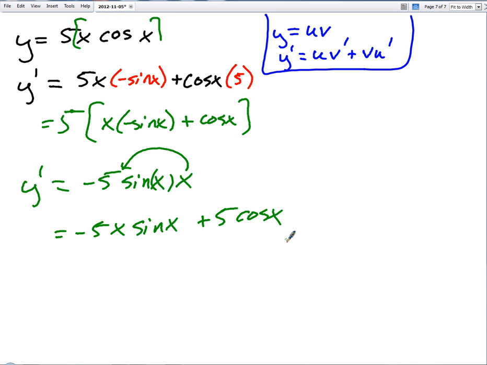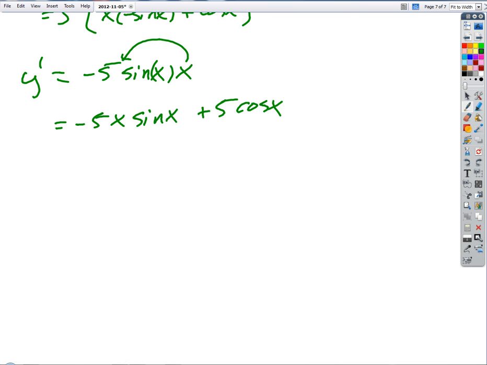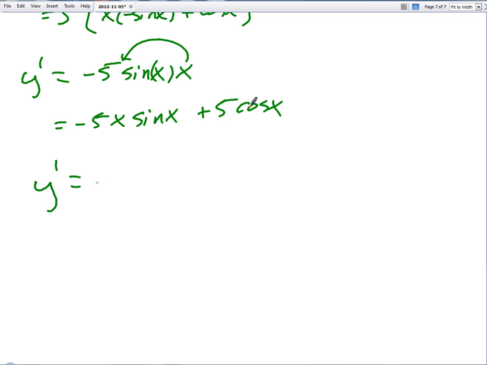Or what I would even do, what I always tend to do, and this is just probably a personal bias, if I've got a negative term, I always like to put the positive terms first. Then you have to write one fewer operation. This is really nitpicky, but notice that if I put the 5 cosine x first, I don't even have to write the plus sign there.